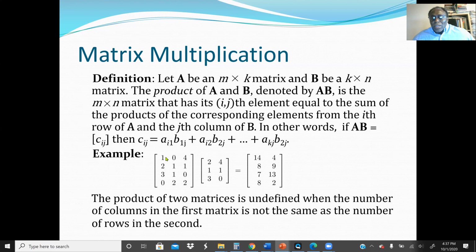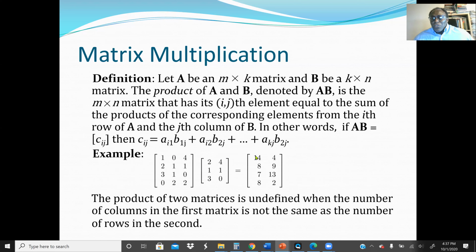We take 1 times 2, they are in the same position. The answer is 2. Plus 0 times the next element, which is 1. The answer is 0, so plus 0. Then the last will be 4 times 3, which is 12. 12 plus 0 plus 2 will give me 14. So that's why we have 14.